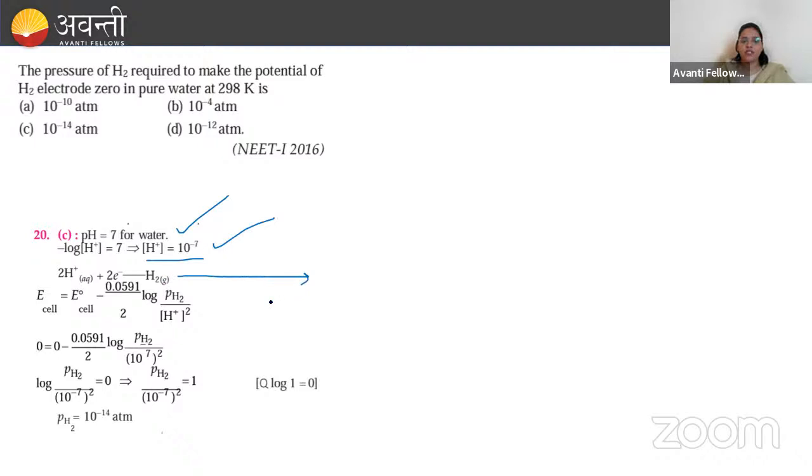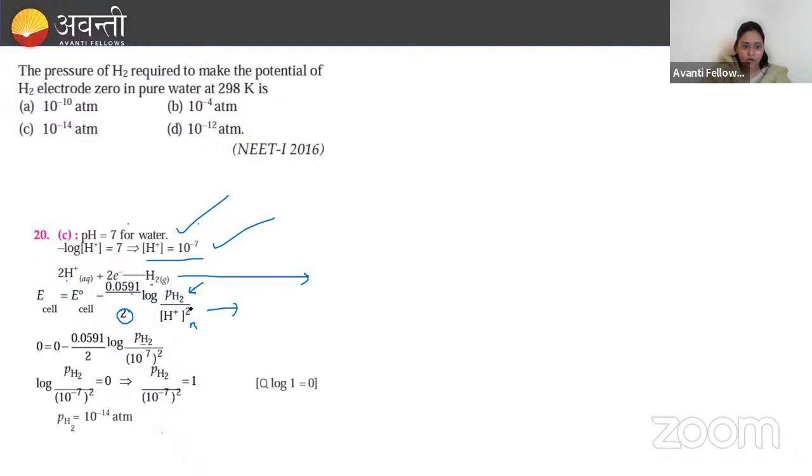The reaction in the hydrogen electrode is 2H plus plus 2 electrons gives H2. Let's write the Nernst equation: E cell is equal to E naught of cell minus 0.0591 divided by 2, the number of electrons, log of pressure of H2, the product side, divided by the reactant, H plus ions.